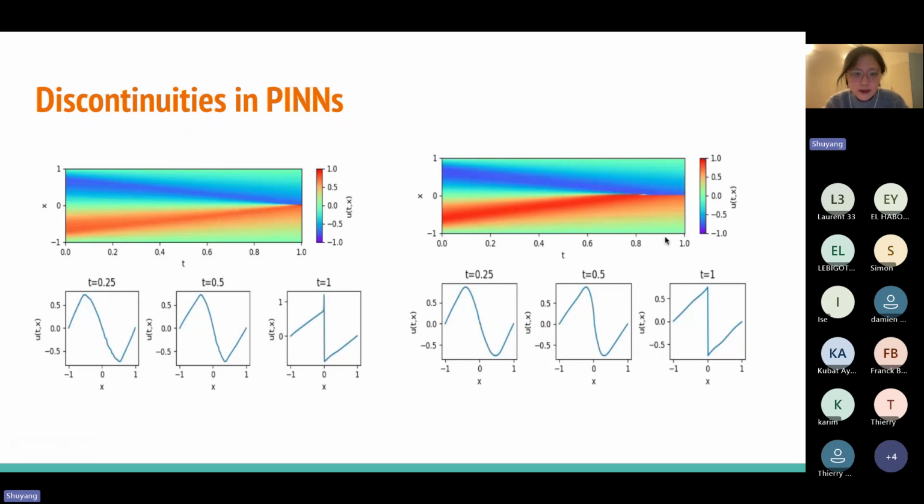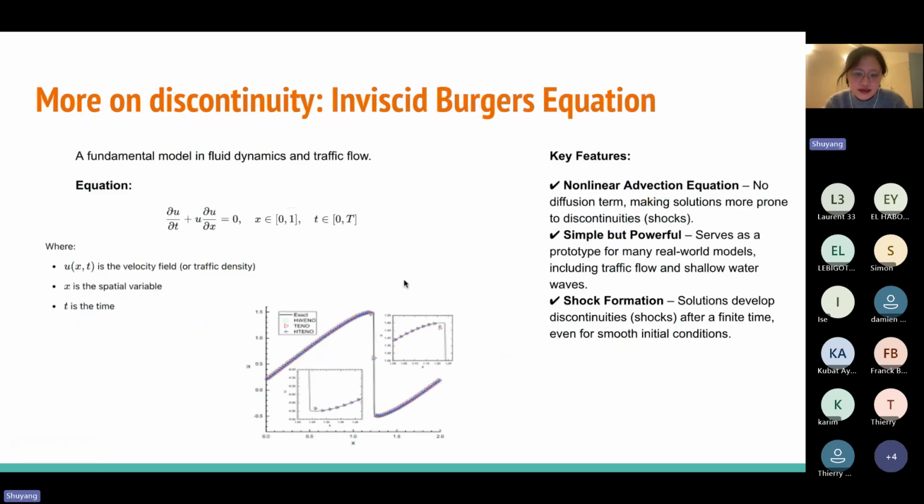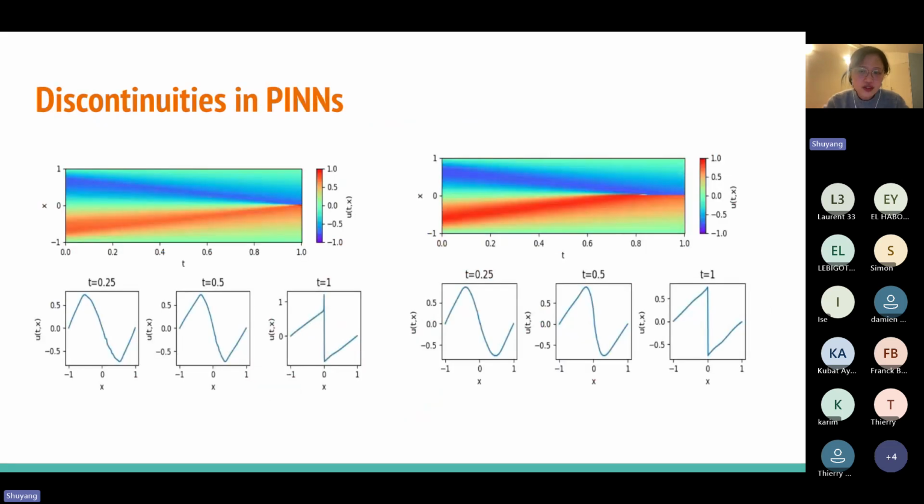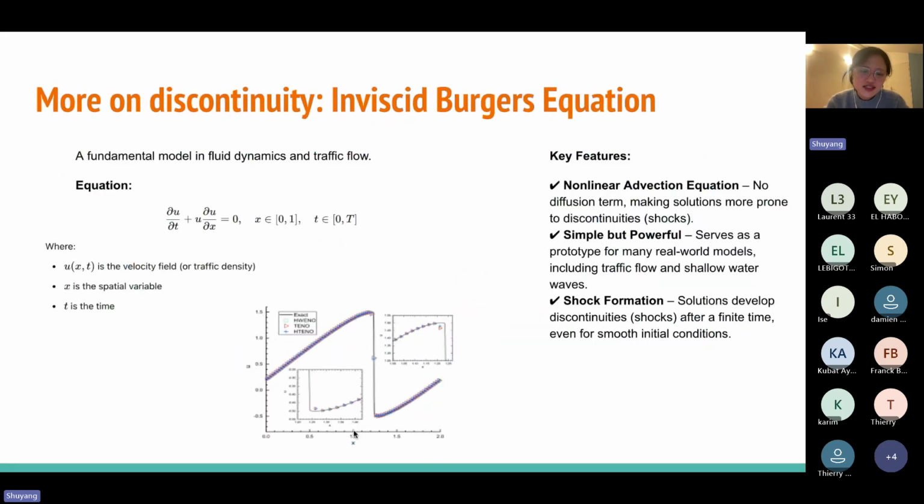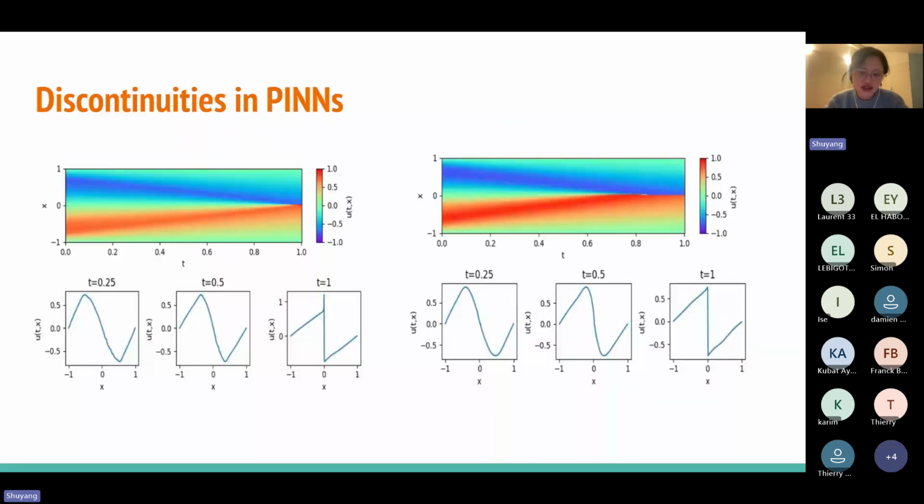However, this jump actually has some physics sense behind it. So once you introduce this kind of jump into the solution, you give the neural network this knowledge of what this jump is and how it forms.